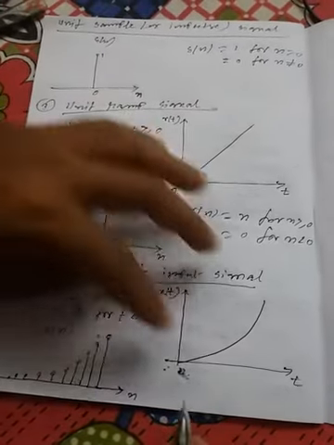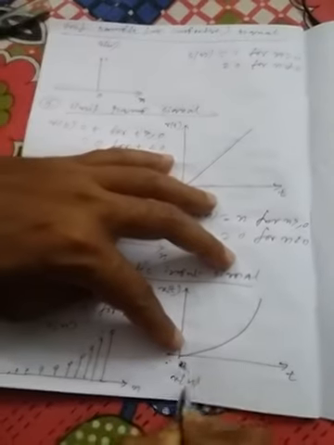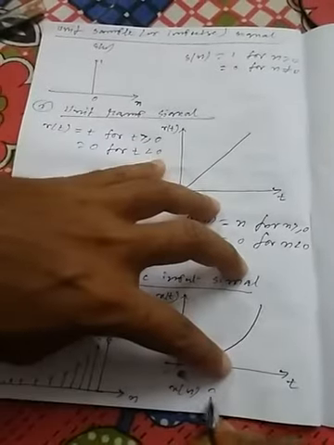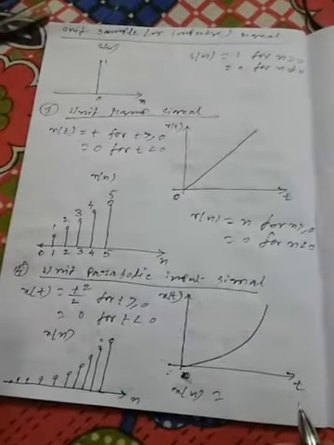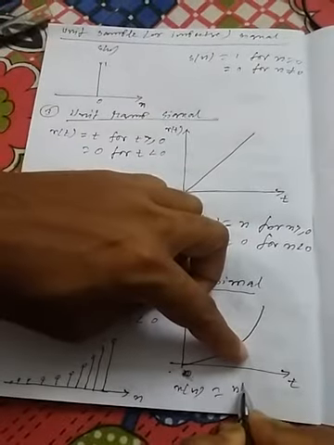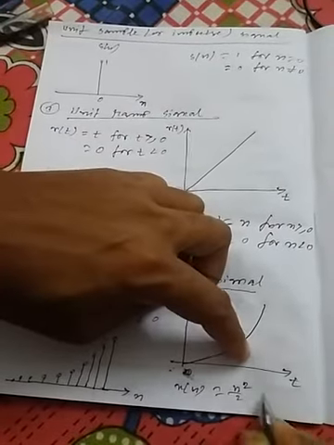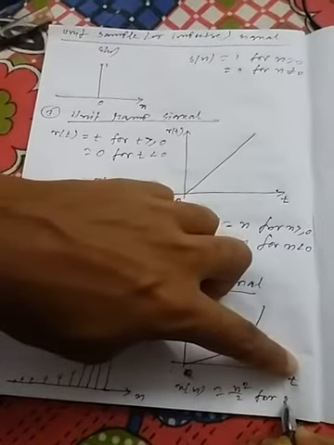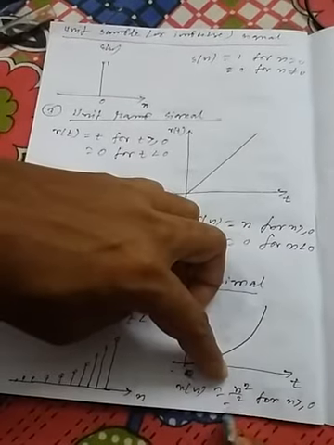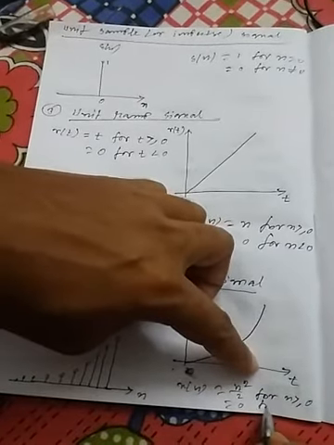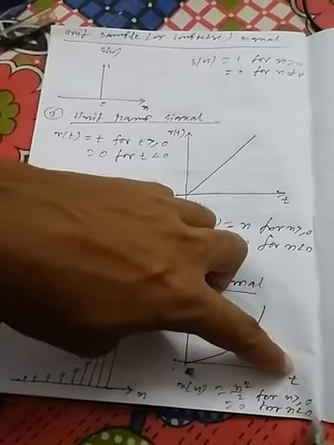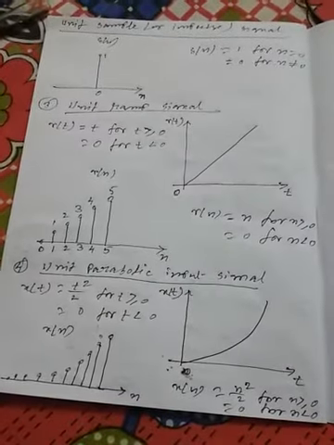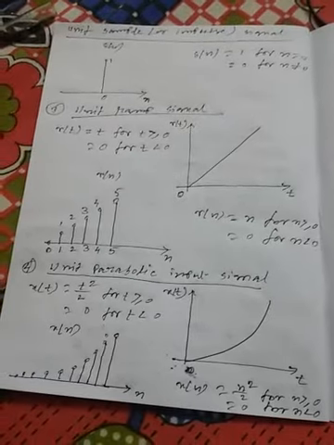Here also x of n equal to n square by 2 for n greater than or equal to 0, and 0 for n less than 0. So this is unit parabolic input signal in discrete time domain.